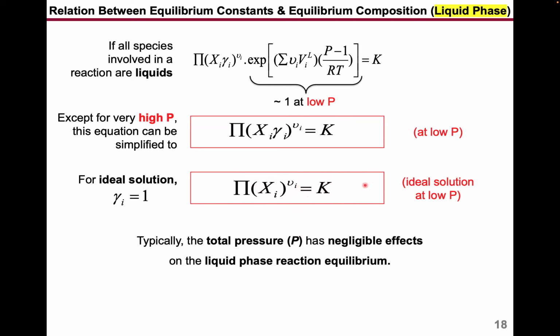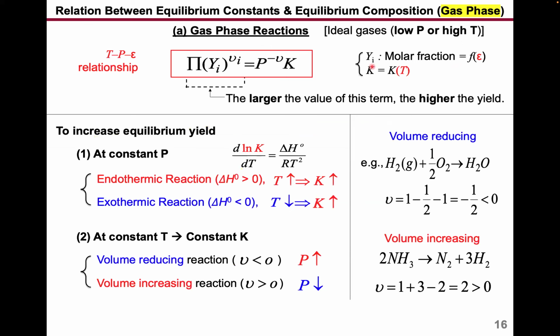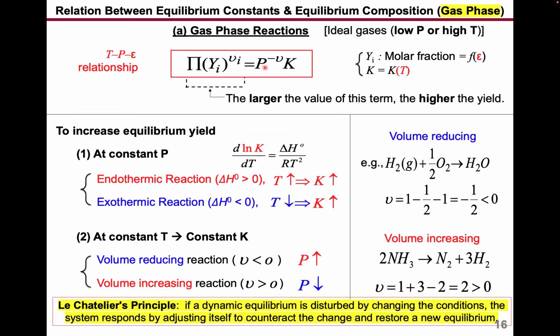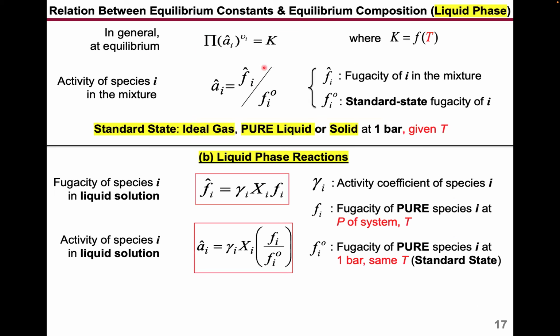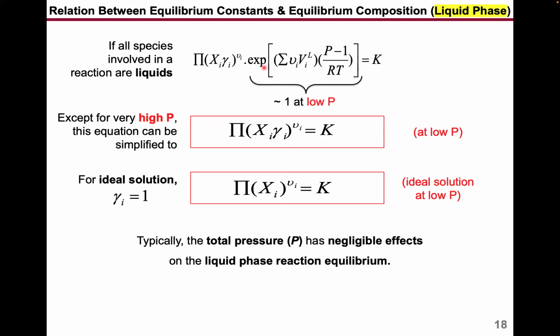So this is different from the gas phase reaction. In the gas phase reaction, remember you have a P term in the final equation. Pressure actually plays a role in your gas phase reaction because these gases are compressible, so you have partial pressure. But these liquids are not very compressible.